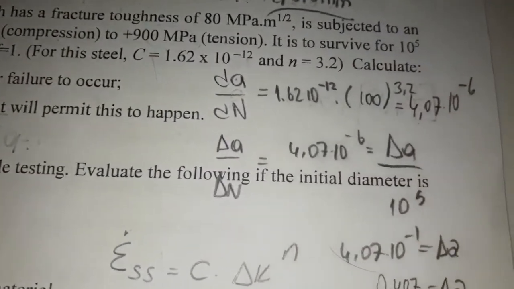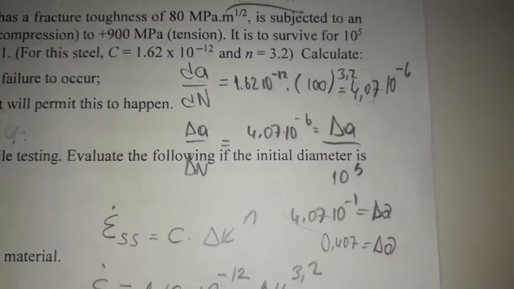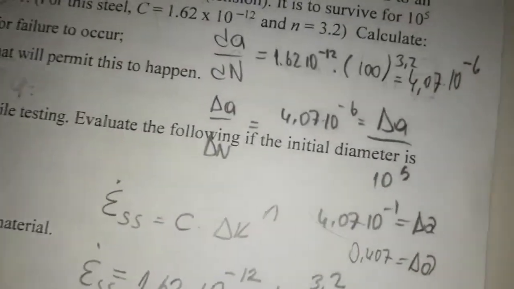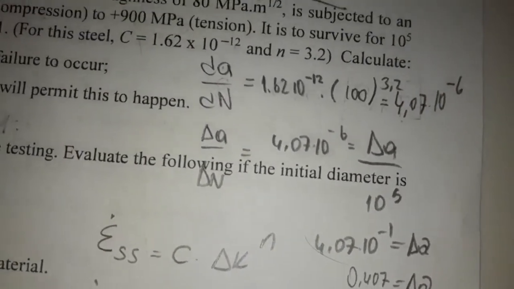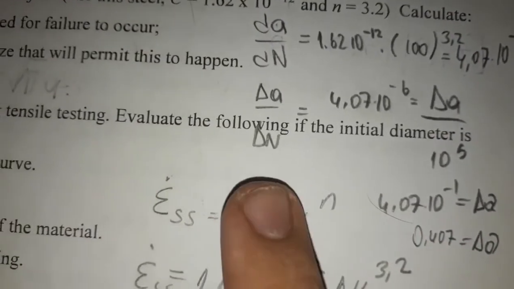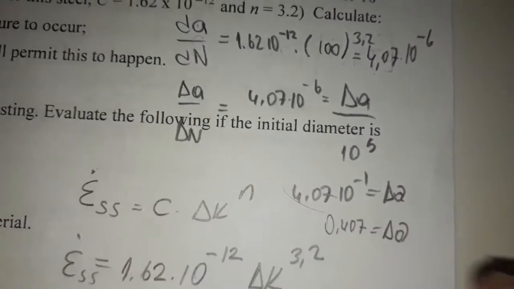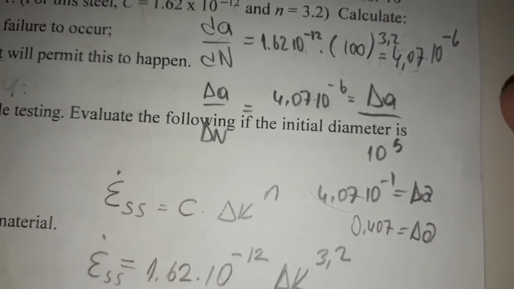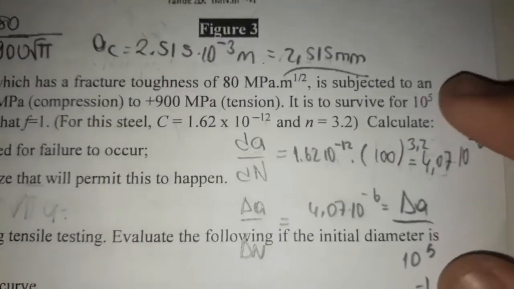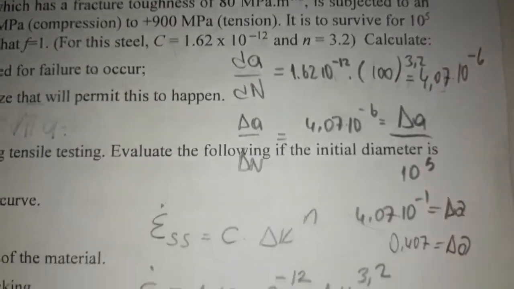Then you use the Paris-Erdogan equation, dA over dN. If you take the integral of it, you take this into the equation. So delta N, which is given, is 10 to the 5th.